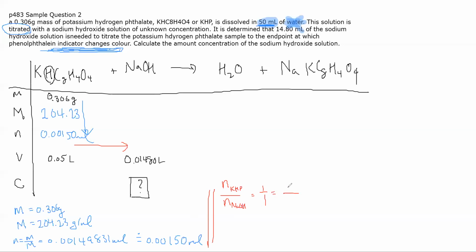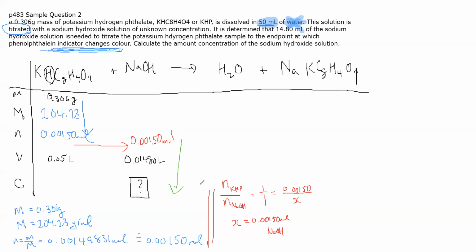That means if I have 0.00150 moles, then I would have 0.00150 moles of NaOH. Have I been saying 105? My goodness. It's been a long night.